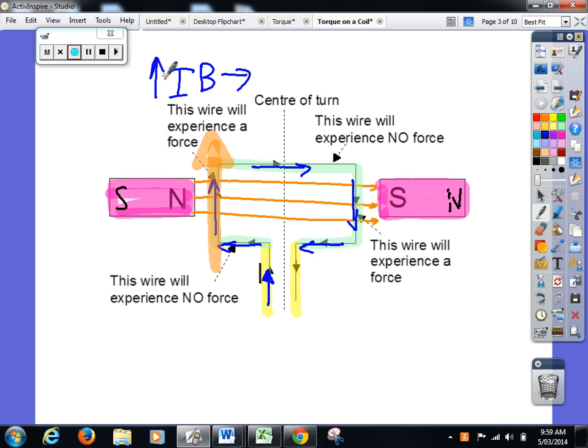So, putting our thumb pointing up, B pointing to the right hand, F is extended. What happens to this wire? Right, this wire is pushed into the board. Okay. Now, if this wire is pushed into the board, let's have a look at the other wire on the other side. Choose another colour. This one here. Oops.